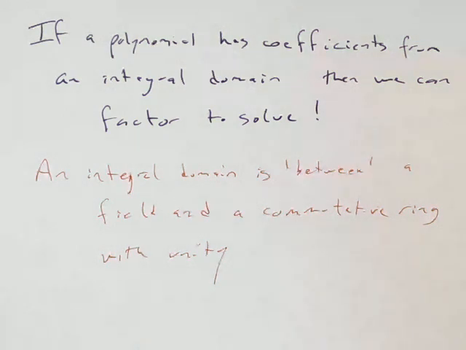Quite frequently, working in an integral domain is something we want to do because of the ability to factor, because of the ability to get nice results. But working in a field would be much more elegant. One of the big questions is, can I make fields? If I have a set I already like, can I make a field?